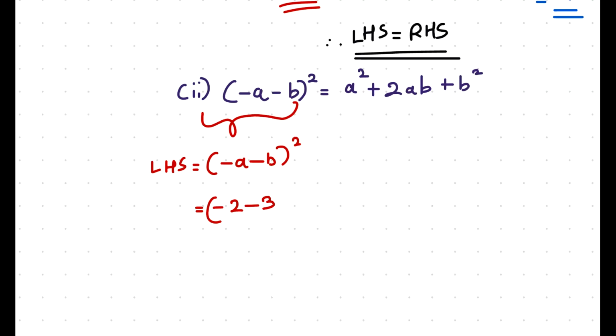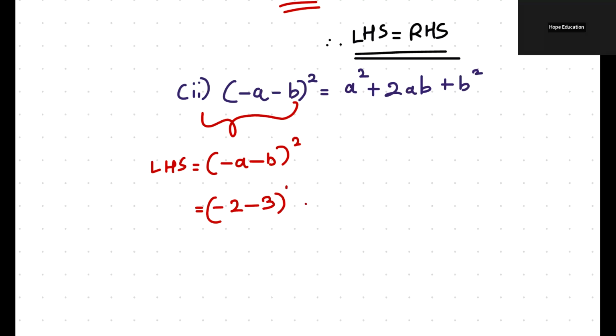So, minus 2 minus 3 squared. Minus 2 minus 3, what is the answer?